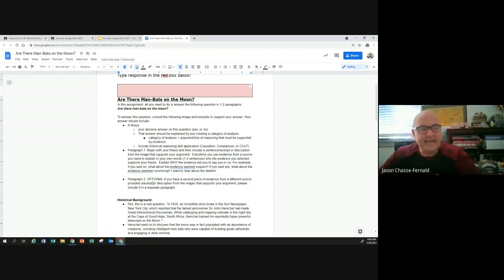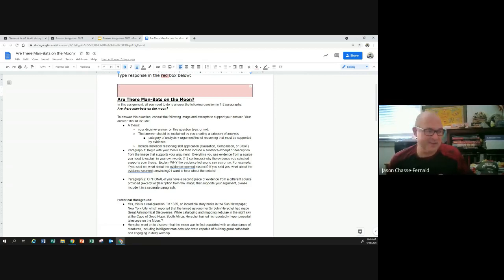Right, so the second paragraph. If you're really shooting for that kind of 3 on this assignment, try to use the same thesis, use that same category of analysis if you want, or you can come up with a different category of analysis. You can contradict yourself if you want.